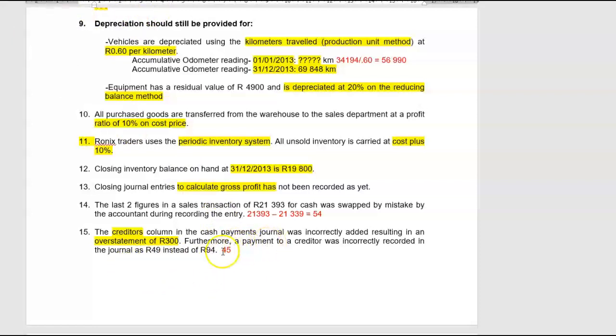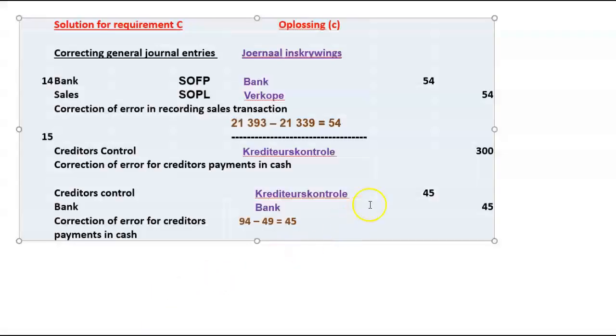So we haven't recorded enough credits. Do you agree? So what are we going to do? We're going to debit the creditors account with 45 Rand, and we're going to credit bank with 45 Rand. Creditors control, we're going to debit, statement of financial position, and bank we're going to credit, which is also statement of financial position. And then we're done.